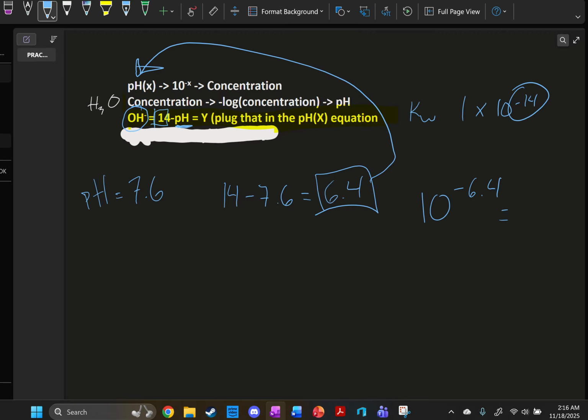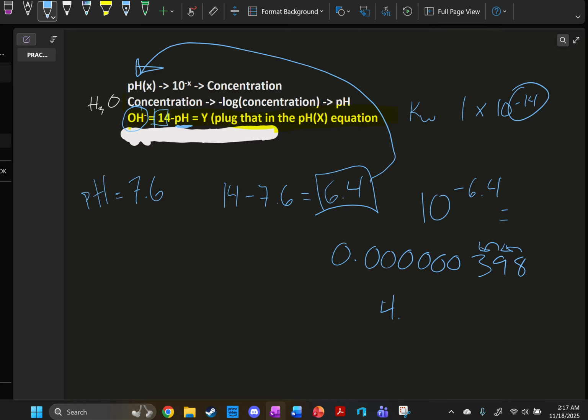And so we'll go into that, we'll do 10 to the negative 6.4, and it's going to spit out a big long row of zeros. So I'm going to count them first. 1, 2, 3, 4, 5, 6. And then 3, 9, 8. Now we only have two significant figures. So what we're going to do is we'll round that up.